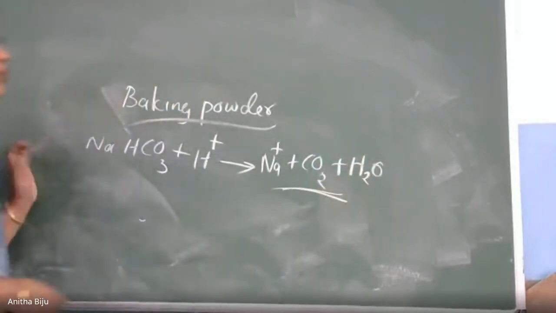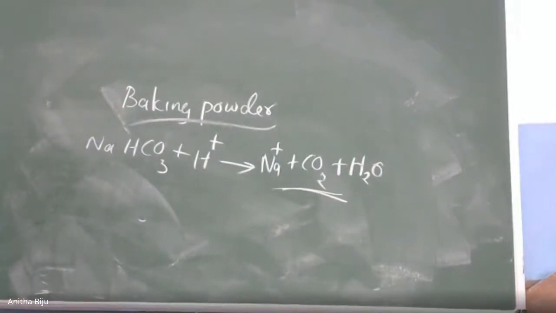Carbon dioxide: you know that when we are making dough for a cake, this carbon dioxide is trapped inside the dough. So when we start baking the dough, these carbon dioxide bubbles slowly and gradually come out of the dough, which makes the cake spongy.